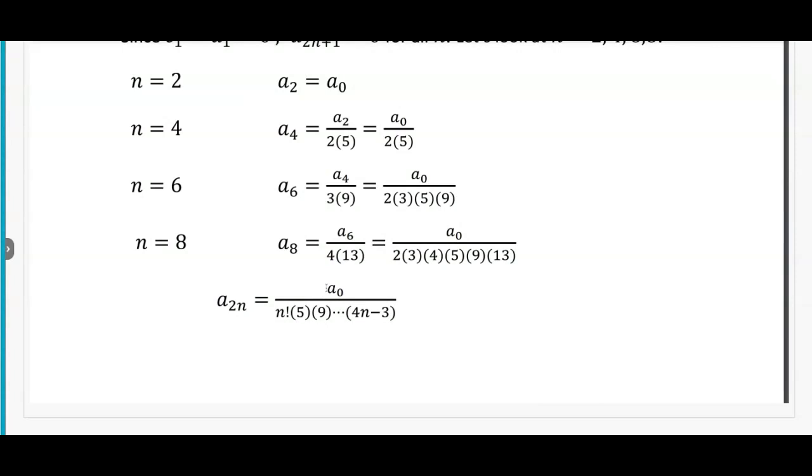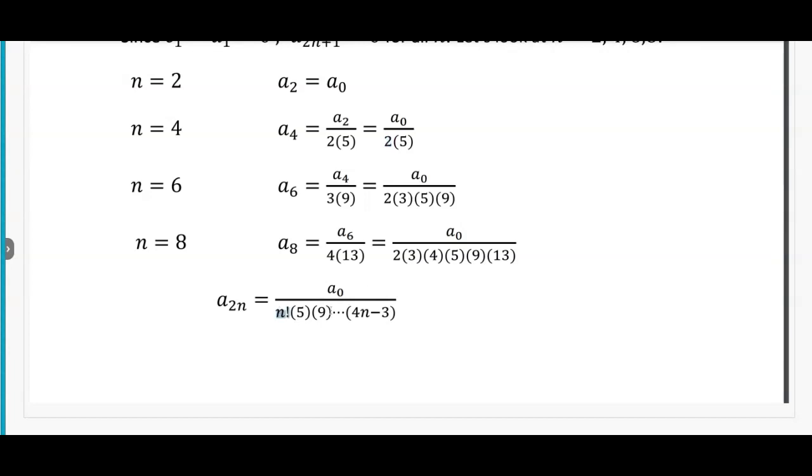So in the end, we see that's A0 and n factorial. We see 2 times 3 times 4 times 5. Because this is 2n, 2 times 4, right? 6 is 2 times 3, 4 is 2 times 2.